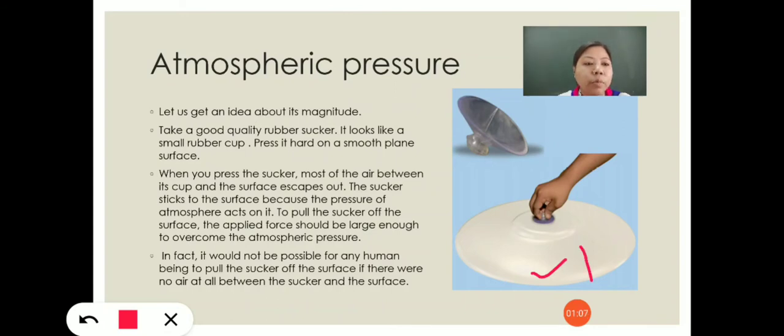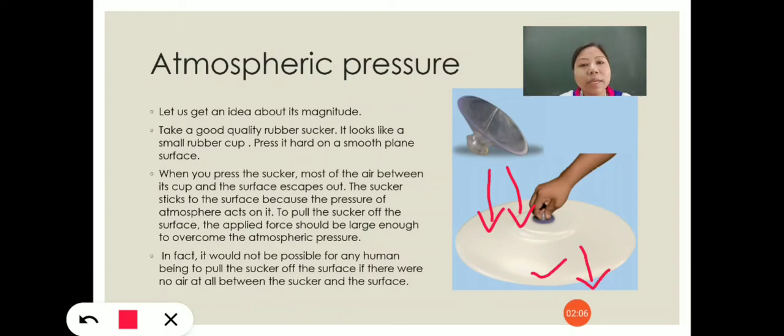As a result, the pressure inside will decrease. So, since the air inside has reduced, the air which is around will begin to exert pressure from outside. As a result, it will stick very tightly to the surface.